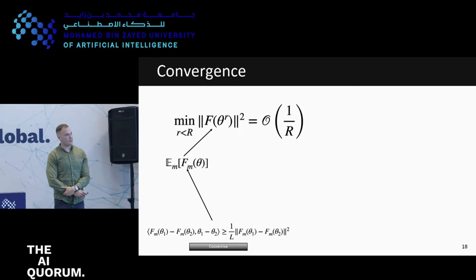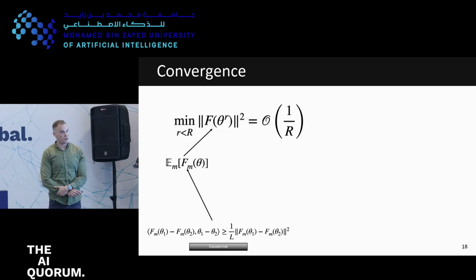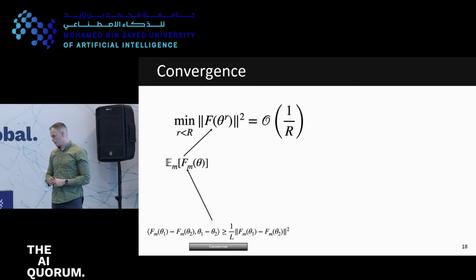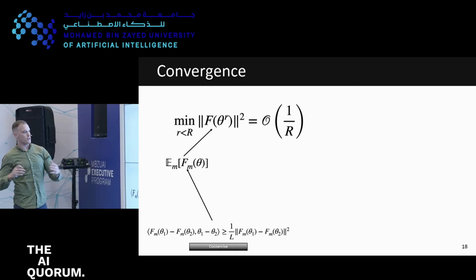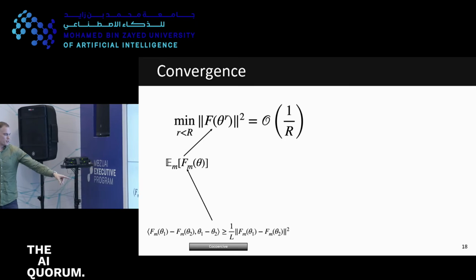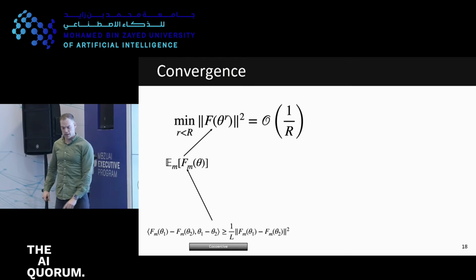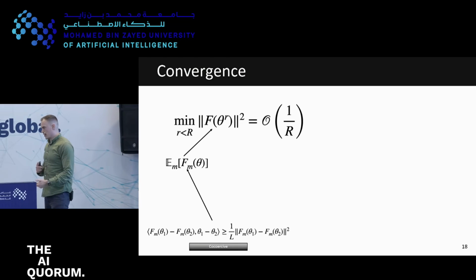The reason for that is the over-personalization property, which is essentially equivalent to over-parameterization in general machine learning. And what assumption do we make here? We assume that this operator is co-coercive, which you can think of as a generalization of convexity and smoothness.